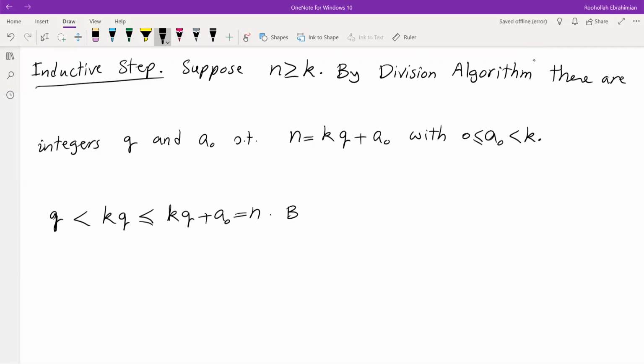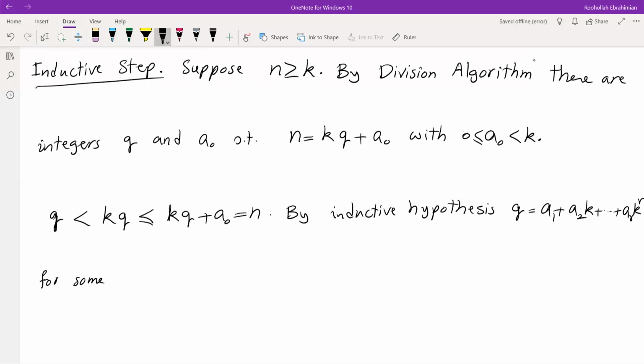So now by the inductive hypothesis, q is equal to a1 plus a2 k, no, k was the base, all the way to ar k to the r minus 1, for some ai between 0 and k minus 1.